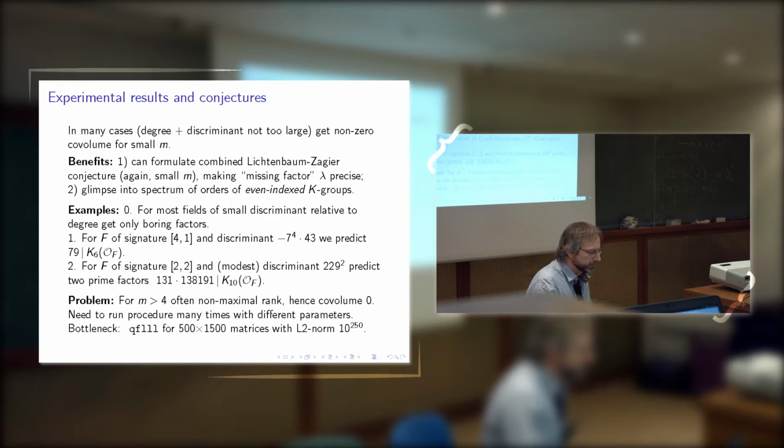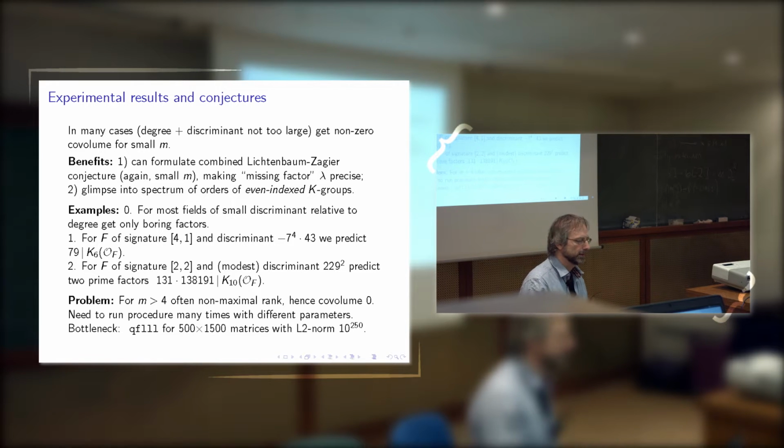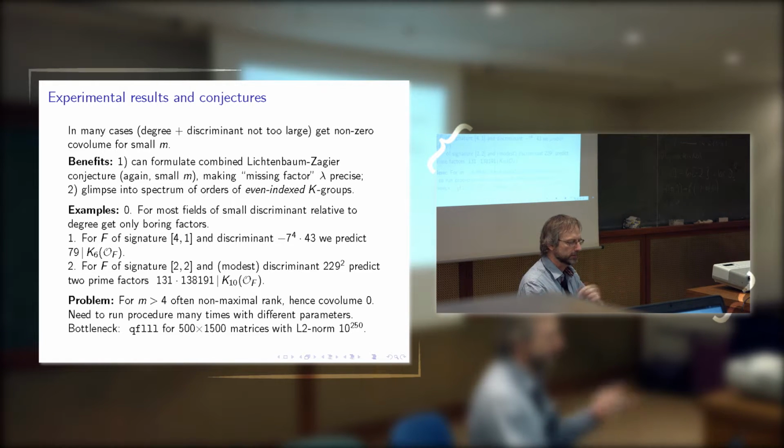So if after many experiments you can formulate this combined... I didn't tell you what Zagier's conjecture precisely is, but it's roughly a qualitative version of the Dirichlet class number formula, but using his approach to the K-groups.